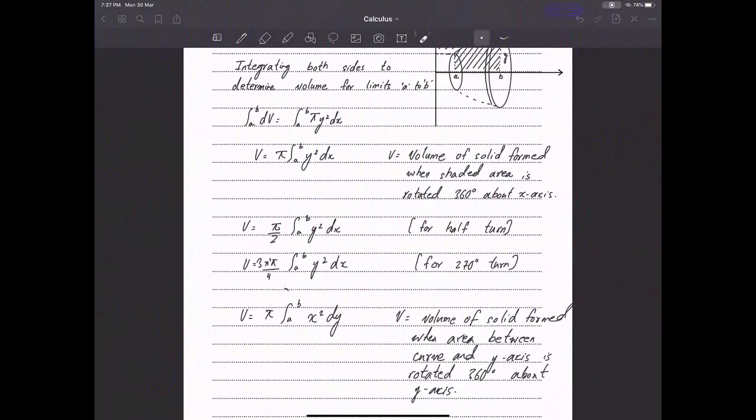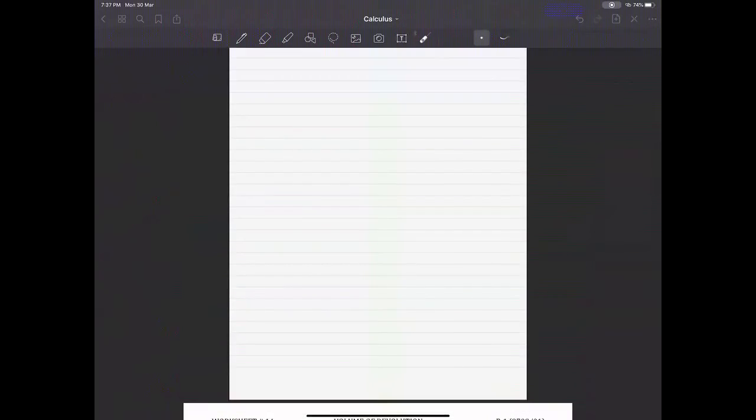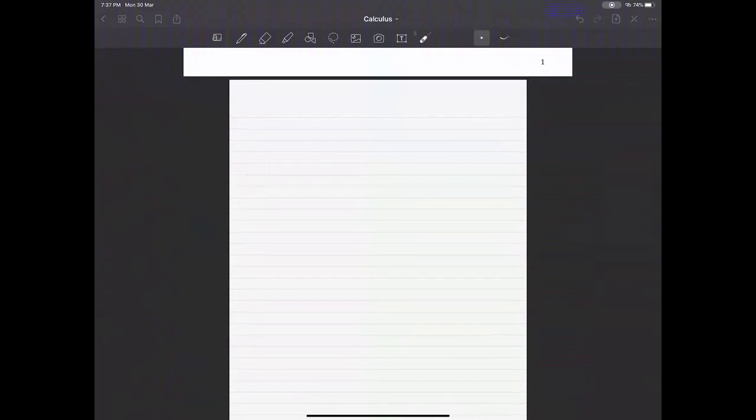So, for example, I have an equation of the curve. This is y is equal to x squared. And I would say that you have this particular area under the curve from 0 to 2.